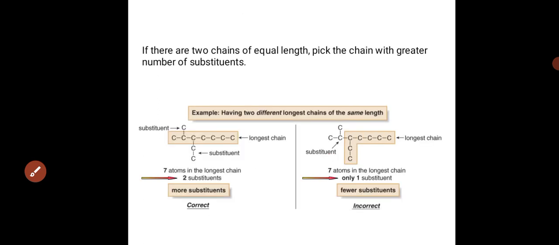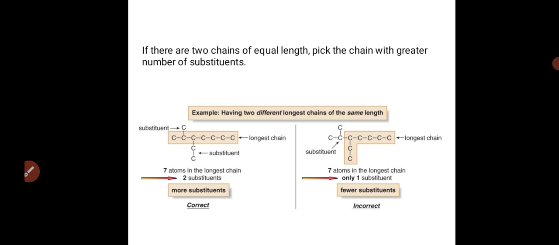Then if there are 2 chains of equal length, pick the one with a greater number of substituents. Example, two different longest chains of the same length. You see we have a substituent here, we have a substituent here. So you see we have two different substituents, while the second one, look at the direction.